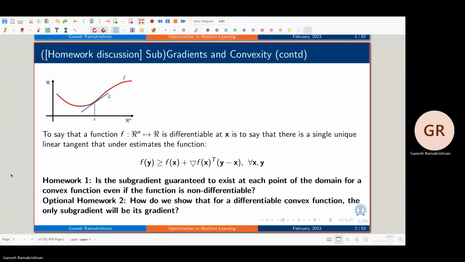Yeah, and the solution seems to be in the line of basically showing the following.